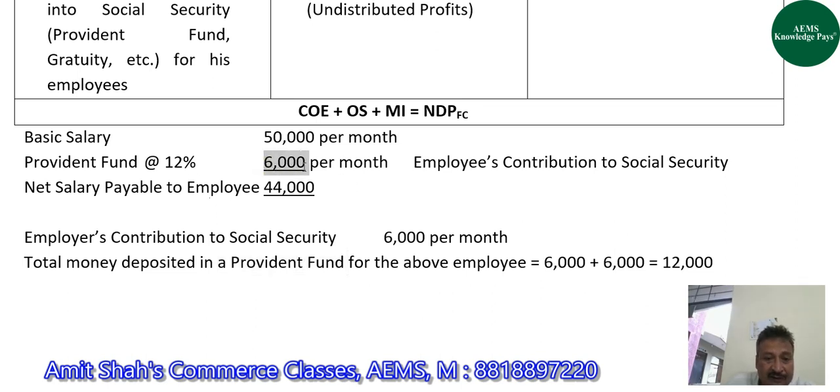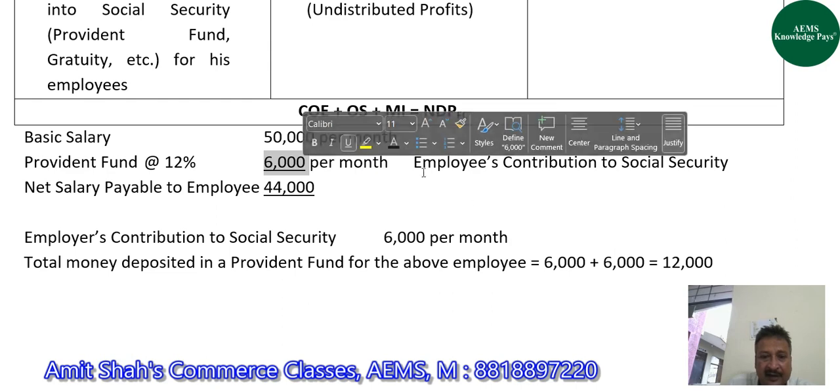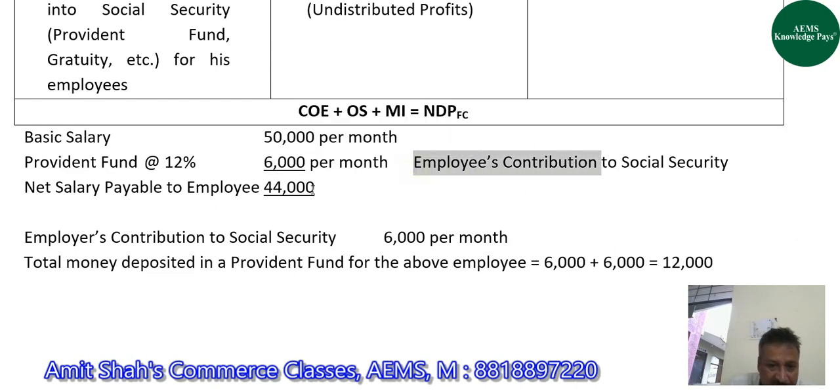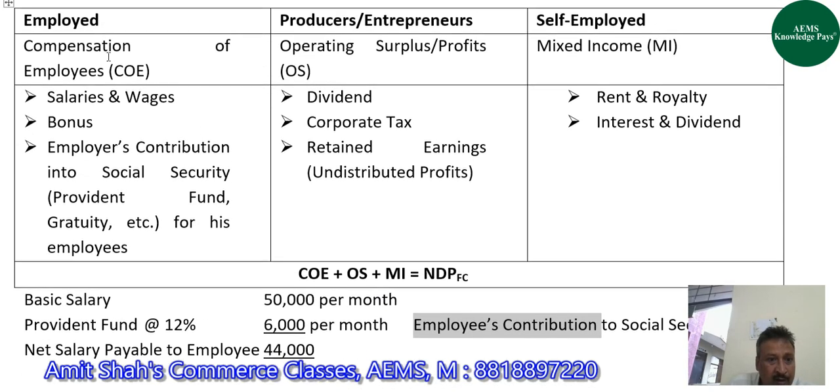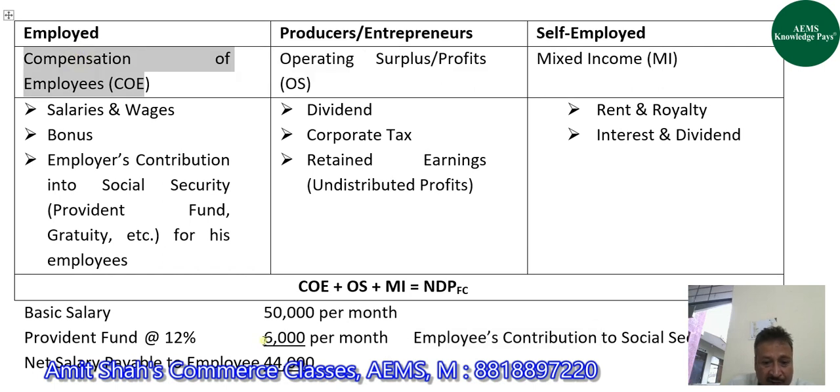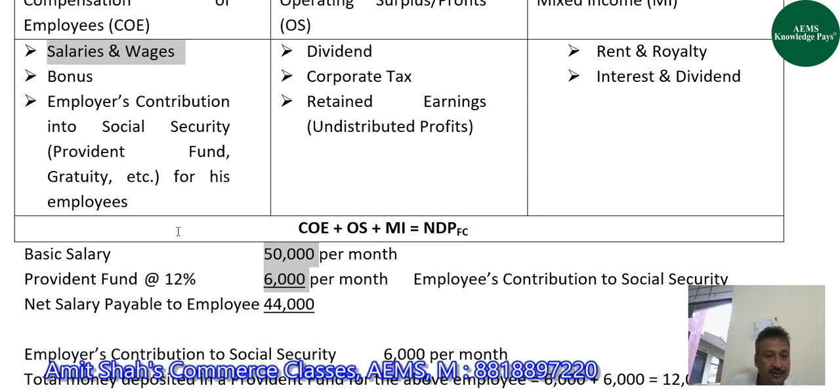So this 6,000 which has been deducted from employee's salary is employee's contribution, which we should not consider to calculate COE. Why? Because this 6,000 is already part of the basic salary, that is salaries and wages. So what you have to take here is only employer's contribution.